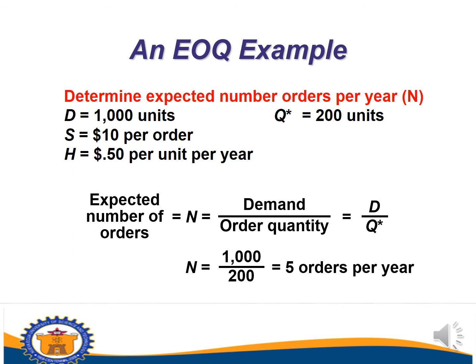Now let's find the expected number of orders. The formula is demand over quantity, or D over Q star. So 1,000 over 200 is equal to 5 orders per year.